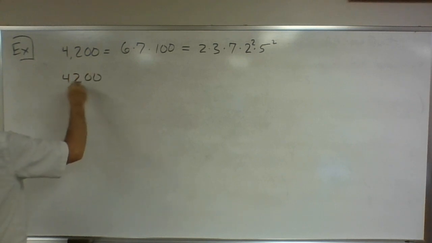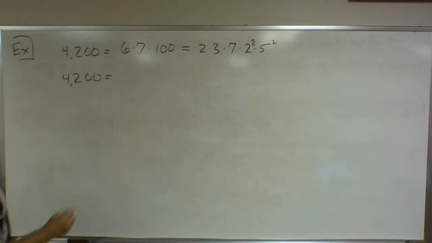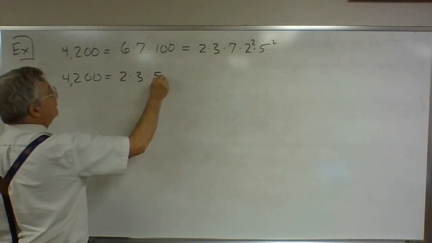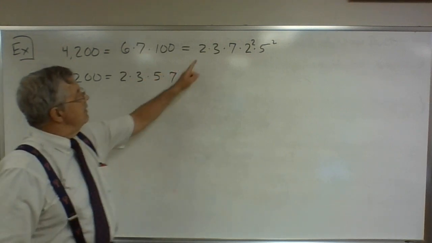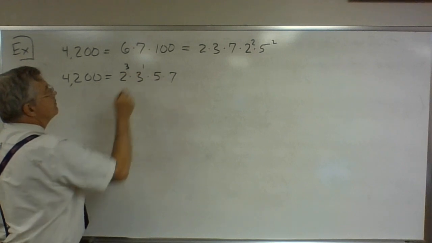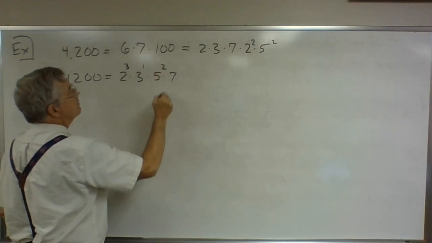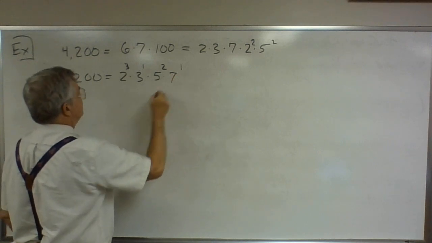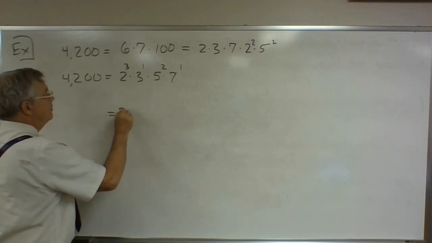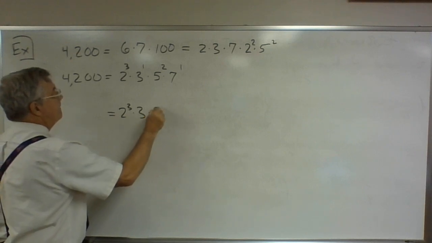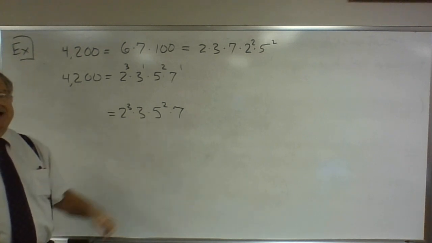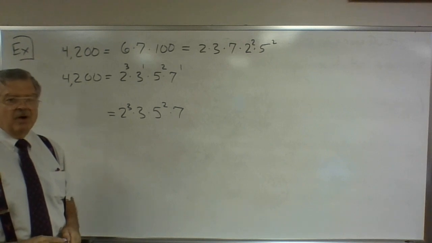In canonical form, we list the primes from least to greatest. And we have 3 factors of 2, 1 factor of 3, 2 factors of 5, 1 factor of 7. And we can either put it in this form or this form, where those primes without explicit exponents are assumed to have an exponent of 1.